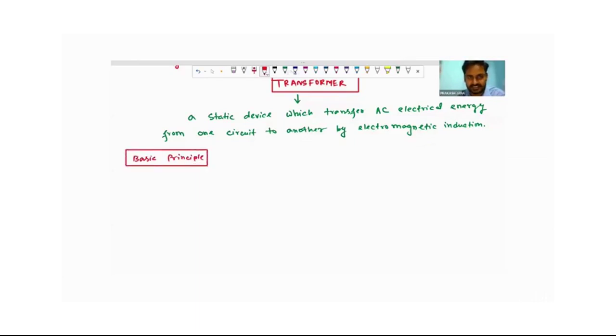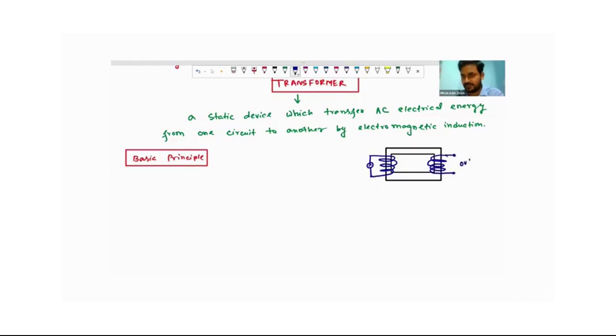The basic principle in this case is, let me draw a simple circuit. This is a very basic diagram of a transformer. Here an AC source is connected, and here we get the output.